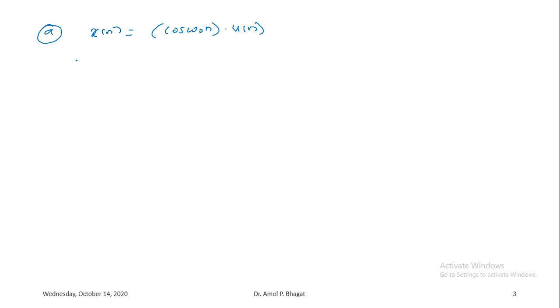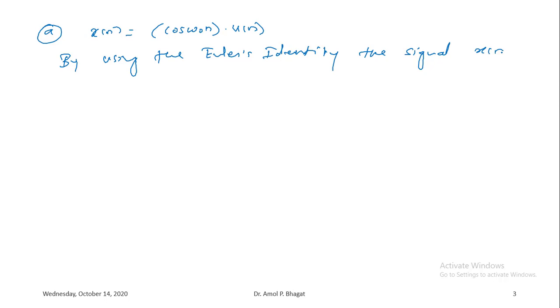Again, by using Euler's identity, the signal x of n can be expressed as follows.